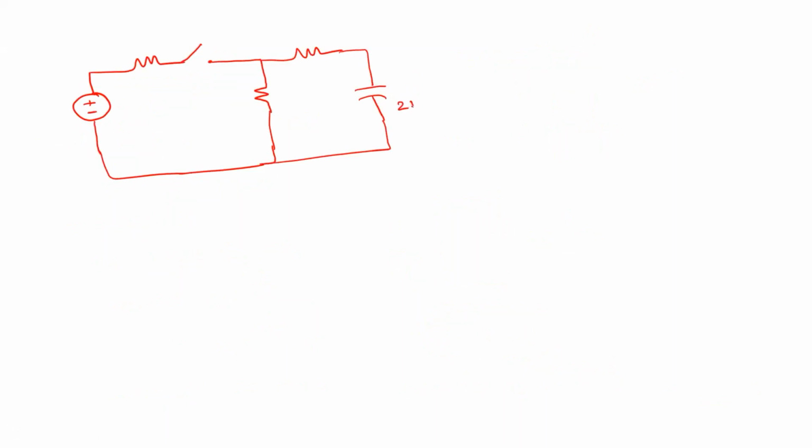Say this is 2 farad, 3 ohm, and this is 2 ohm, and this is 6 ohm, right? And this is 20 volts. So we have a switch here, set t equal to 0, the switch is open.